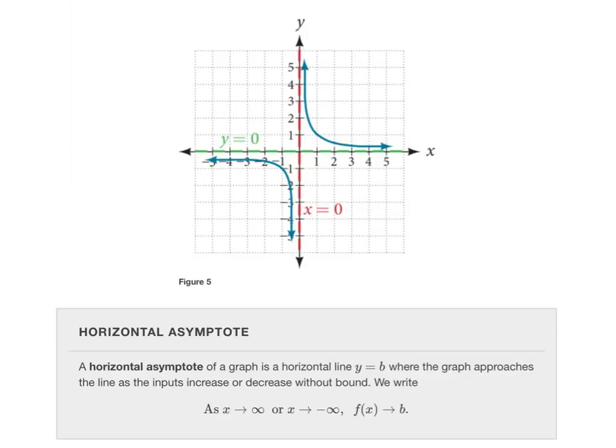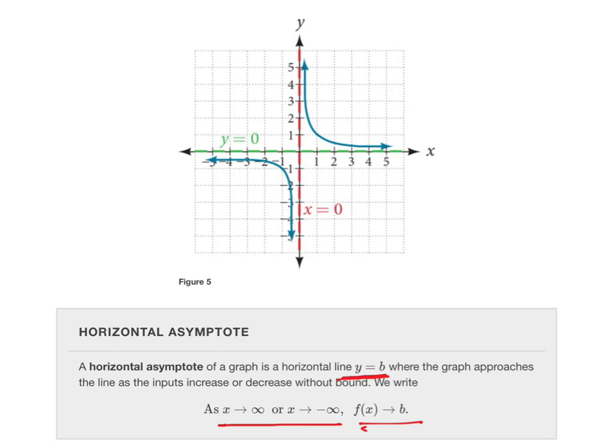Great question. A horizontal asymptote. This is new information. A horizontal asymptote is a graph of the line y equals b, where the graph approaches the line as the inputs increase or decrease without bound. So when we take our x to infinity or to negative infinity, what does f of x do?